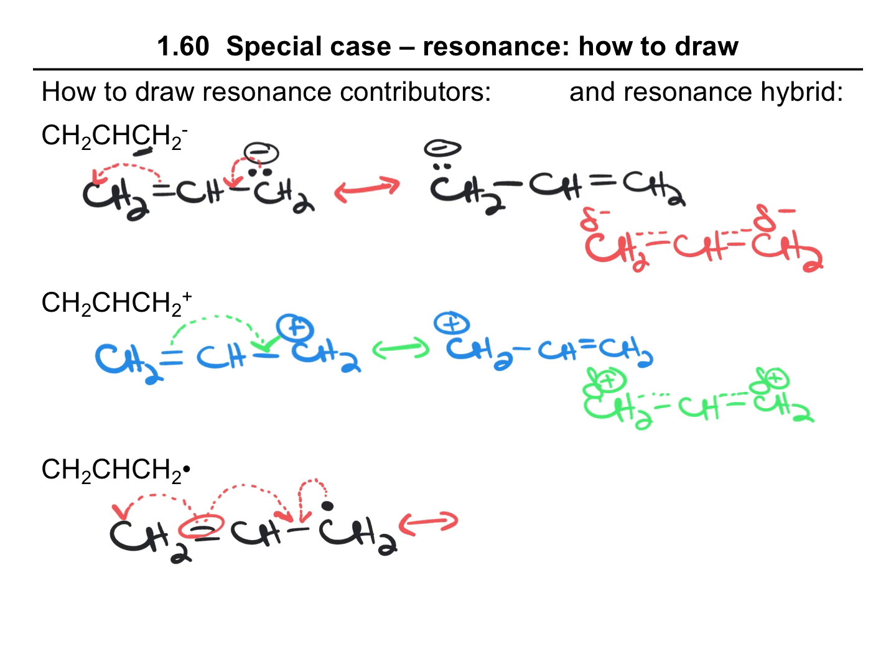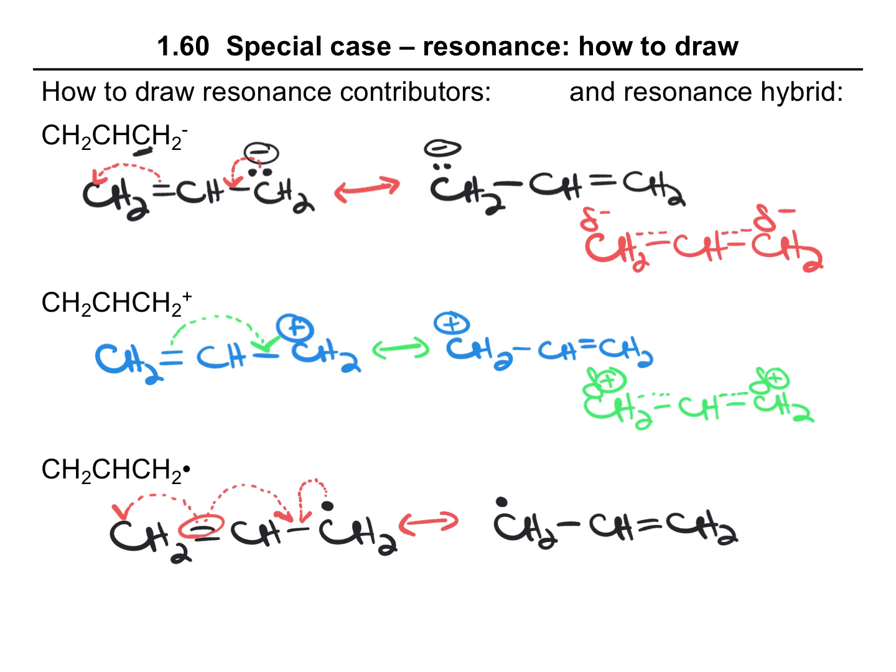So our other resonance structure has the CH2 single bond, CH double bond, CH2, where this is now a radical. All right, so out of this pair of electrons, one of them is now here, and one of them is now involved in this double bond, and then this electron is also involved in that new double bond.